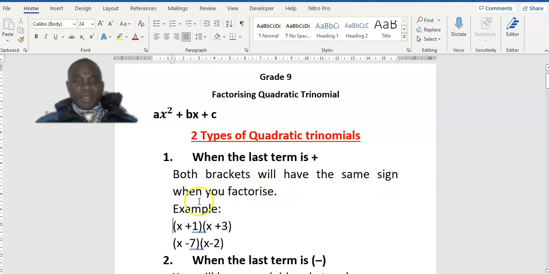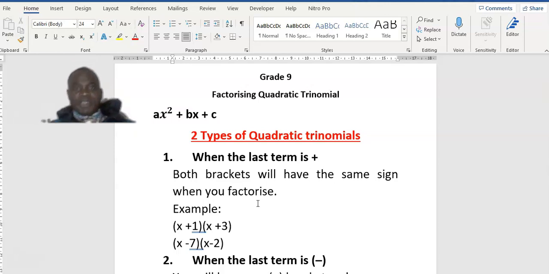For example, the first bracket will have a plus sign and the second bracket will also have a plus sign when you factorize. Or the first bracket will have a minus sign and the second bracket will have a minus sign. That is how it's going to be for the first one.